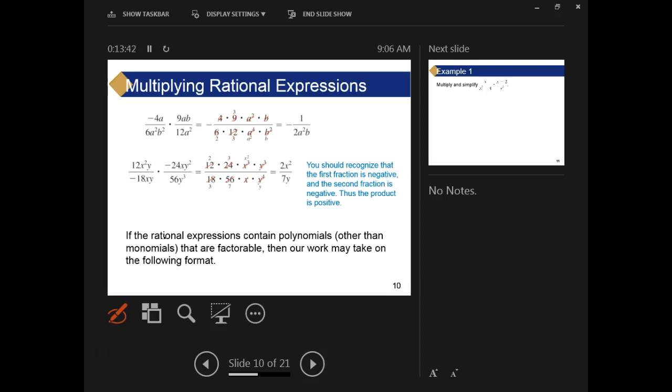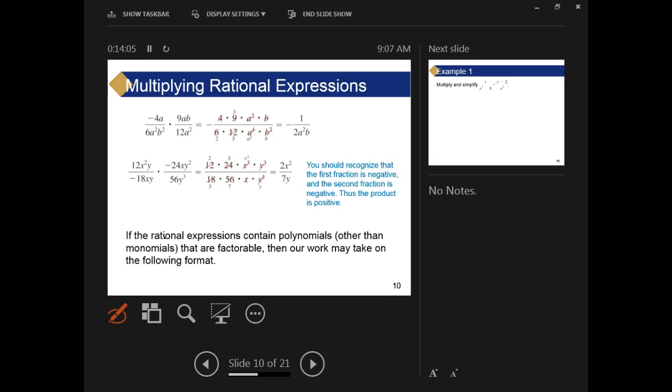They multiplied the a times a squared times b, but they didn't multiply the 4 times 9. Okay, 6 times 12, and they multiply the a squared times a squared and give you a to the 4th, and b squared times 1 is b squared. Okay, then they started dividing things out. 4 will go into 12 3 times.